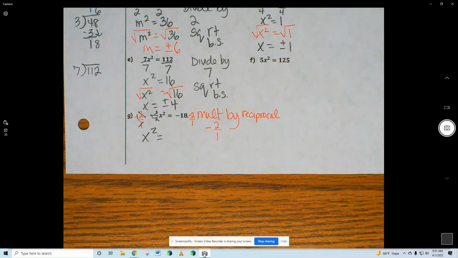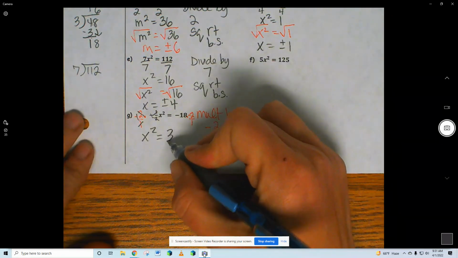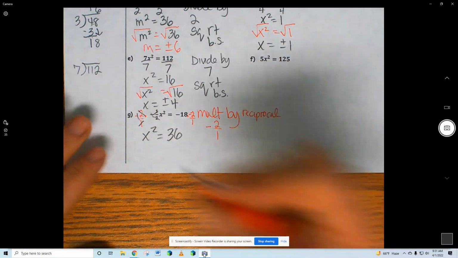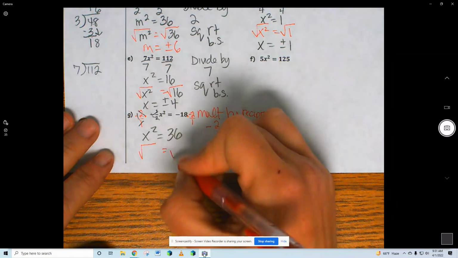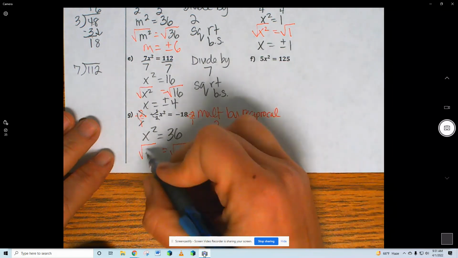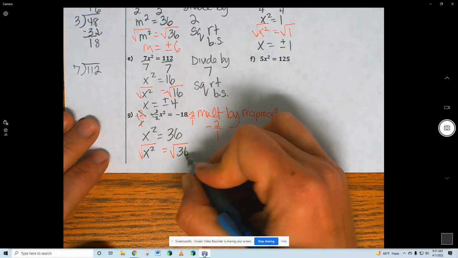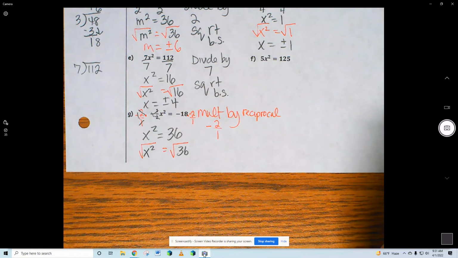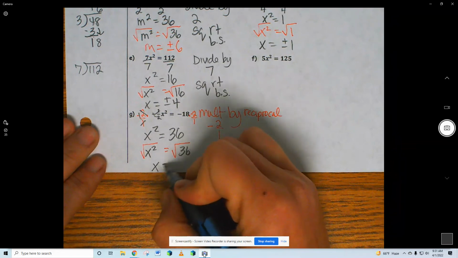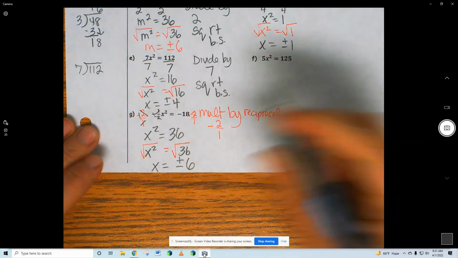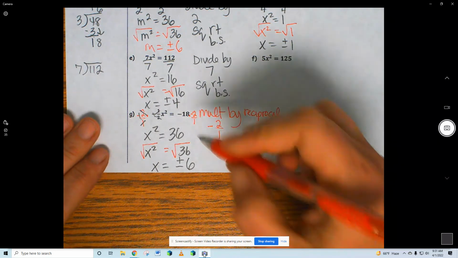Oh, 9 or 36? 18 doubled. Positive 36. Then square root 36.